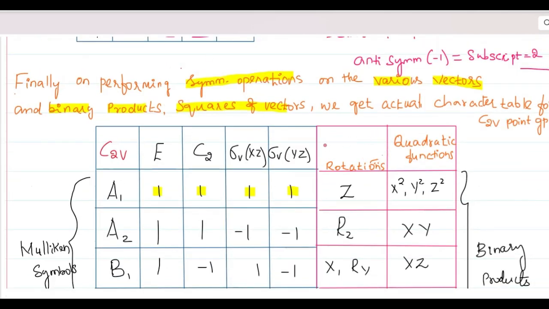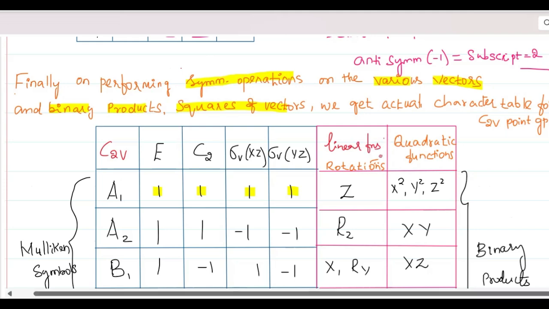So here it will be linear functions and rotational functions. This will be the point group, and these are all the symmetry operations or elements.